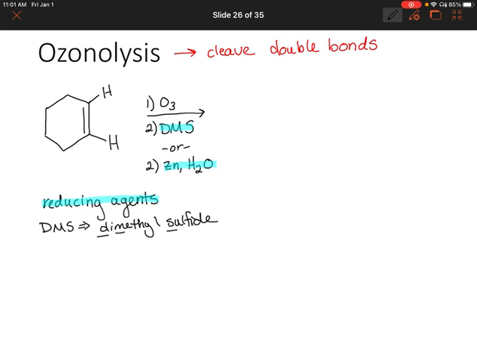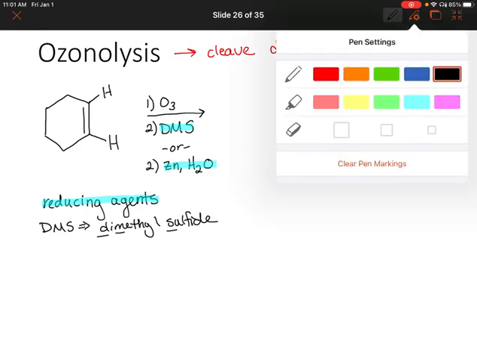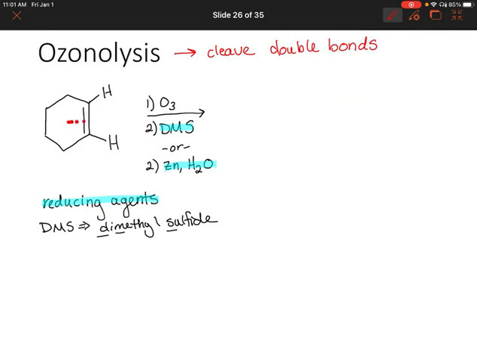Okay, so what happens when we add ozone and a reducing agent to a double bond? Well, we are going to basically cut that double bond in half and add an oxygen to each of those halves. So let's show what that looks like.